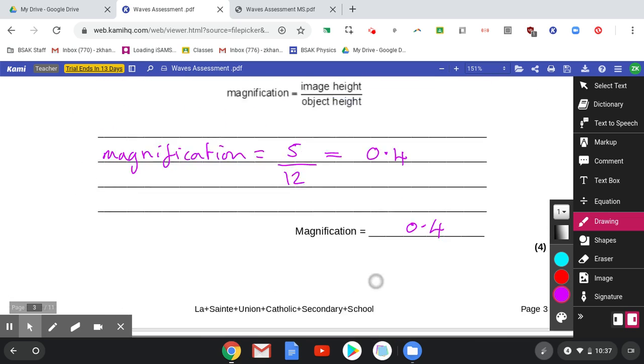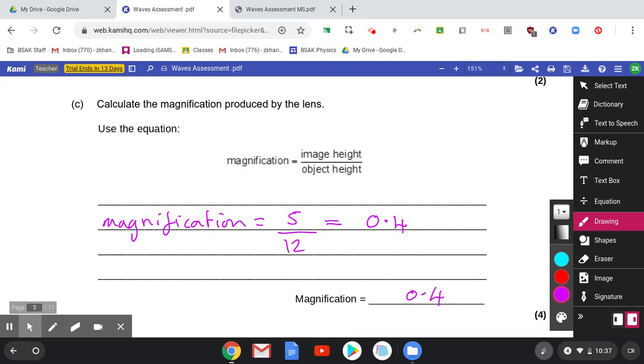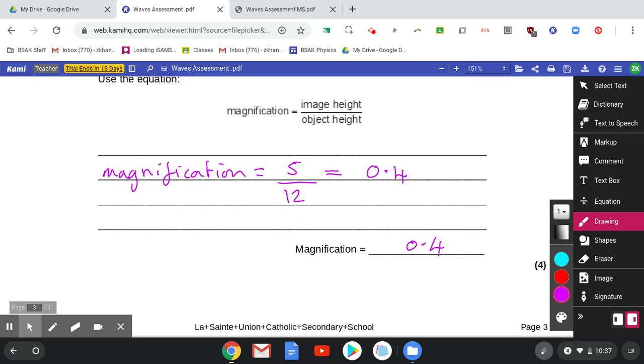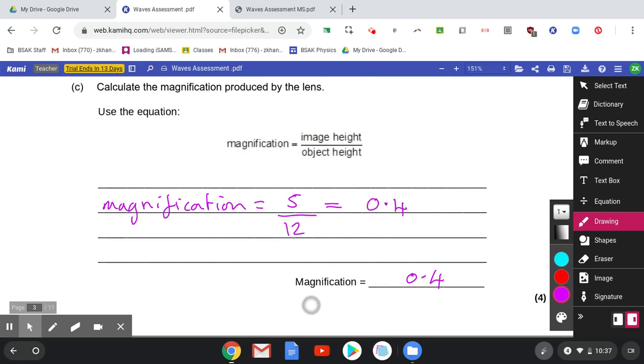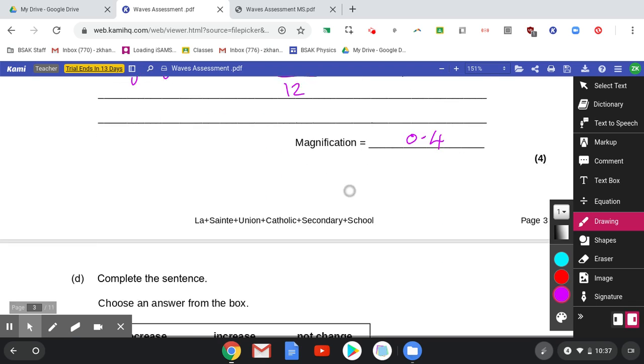So we've got 5 squares is the image height, and the object height was 12 squares, and divide them by each other, we get a magnification of 0.4. So 5 for one mark, 12 for another mark, dividing them another mark, the answer for the fourth mark.